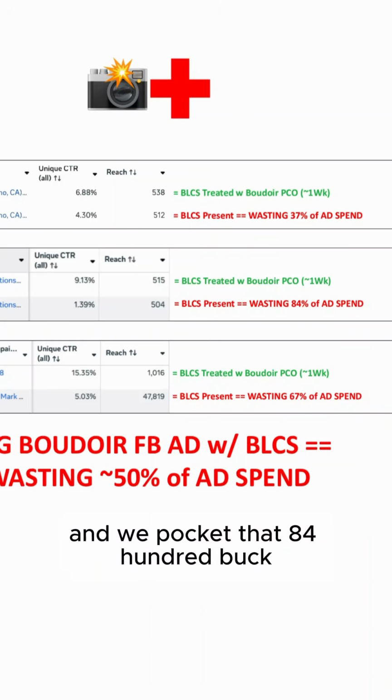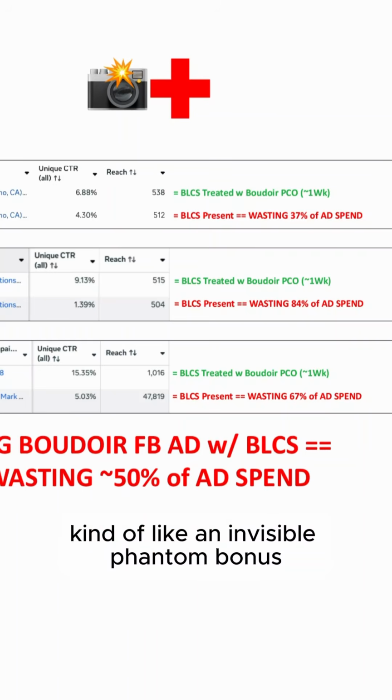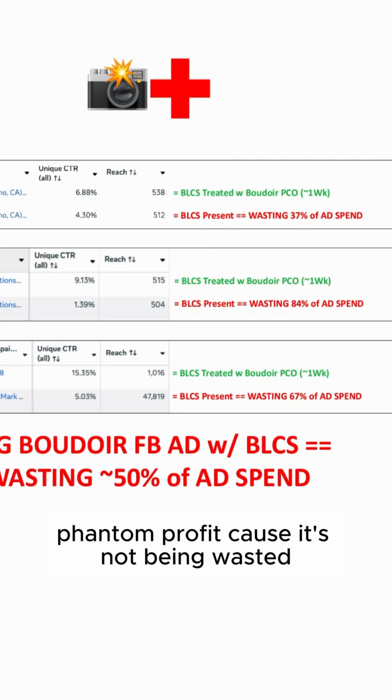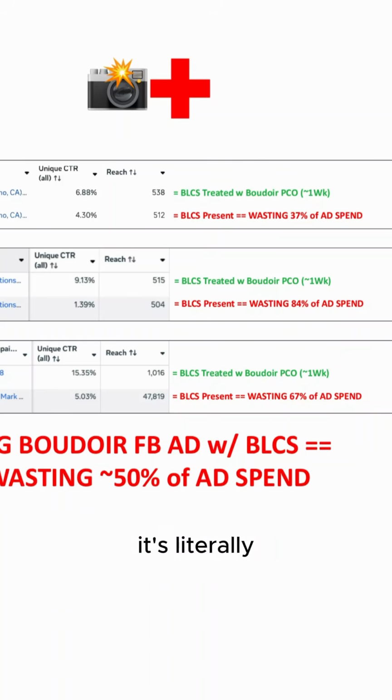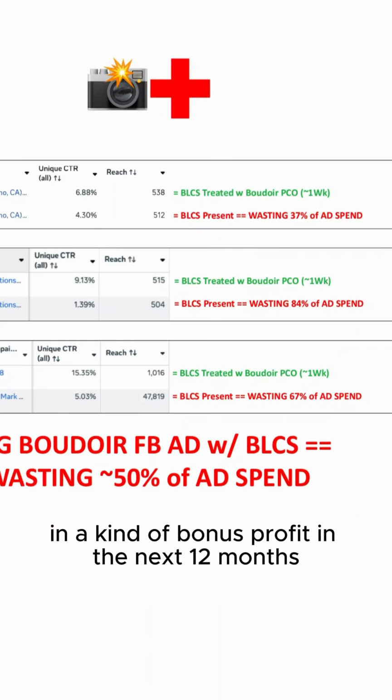So massive gains there, and we pocket that $8,400, or the business owner pockets that as kind of like an invisible phantom bonus, phantom profit, because it's not being wasted. It's literally something like 100 grand in bonus profit in the next 12 months.